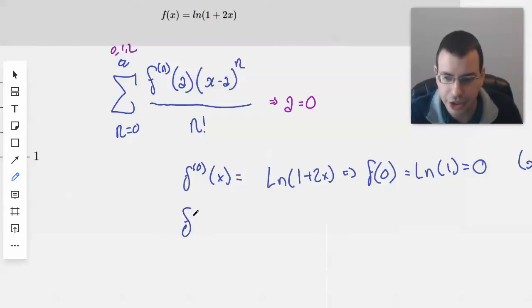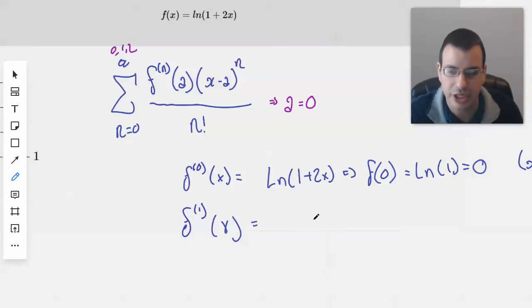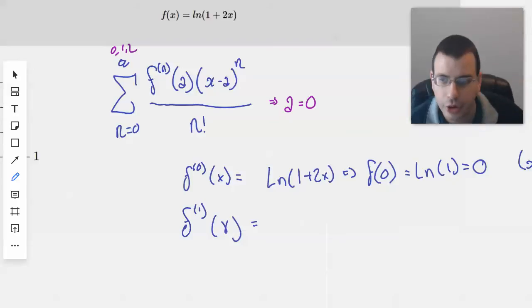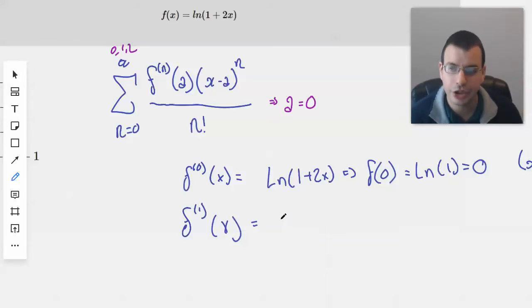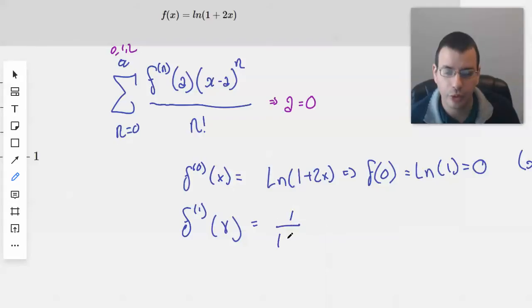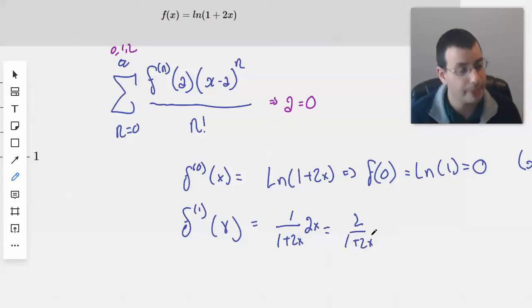Okay, next we're going to do the first derivative of x, which in this case, let's see, this is going to be a chain rule. So we'll do 1 over 1 plus 2x times the derivative of the bottom, which is 2, which will be 2 over 1 plus 2x.